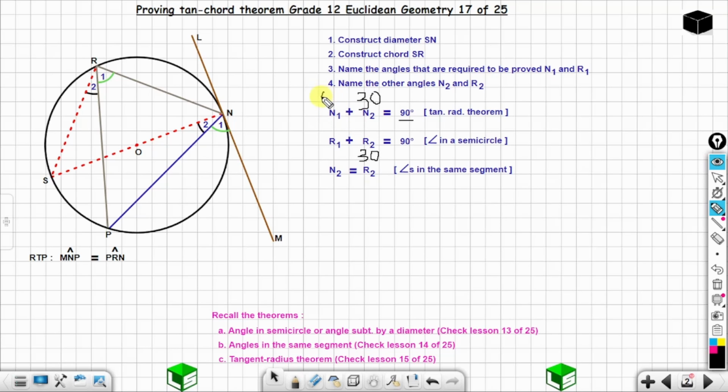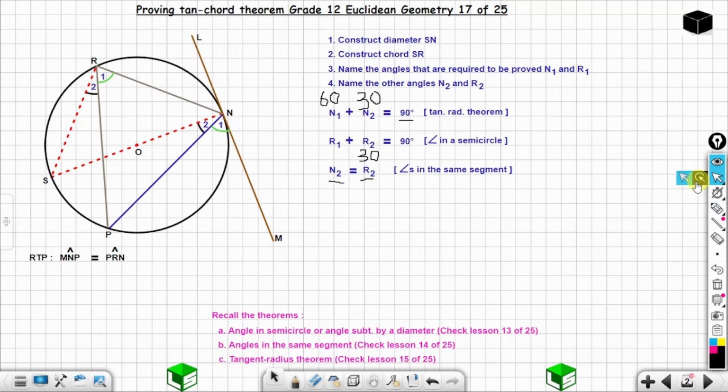N1 is equal to 60 degrees, because 60 plus 30 gives 90 degrees. Even R1 is 60 degrees, because 60 degrees plus 30 degrees gives 90 degrees. This is because N2 is equal to R2. Since N2 is equal to R2, automatically N1 is equal to R1.